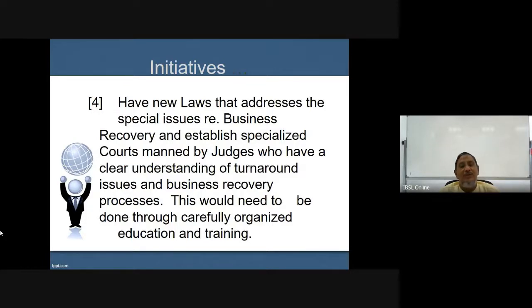What are the issues now? Don't we have any new laws? In 1990, there were 13 enactments passed in parliament to strengthen the recovery of bank loans.